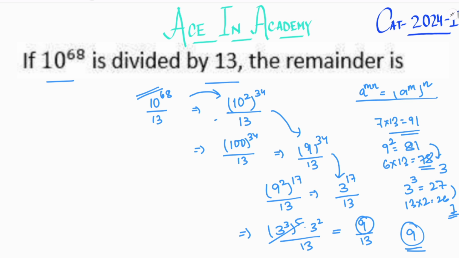Try to find 1 or minus 1, and in both cases we'll find a solution soon. Since we got our number 1, the question was simply solved, because 3 raised to power 3 raised to power 5 is equal to 3 raised to power 15, and this will simply be turned into 1. Then we only had to multiply by 3 square, and since it was less than 13, our final answer was 9. So you can see that in such simple steps we have got our solution.